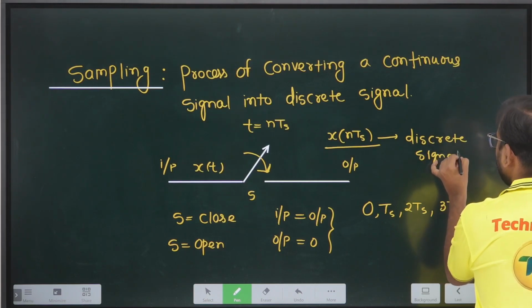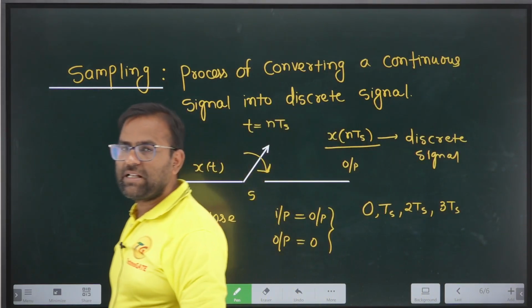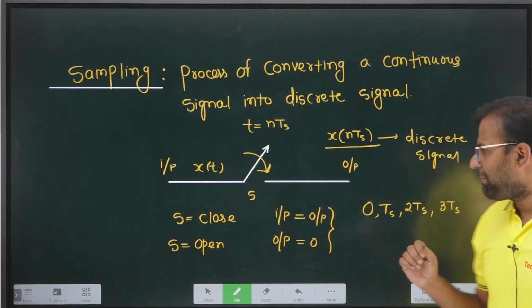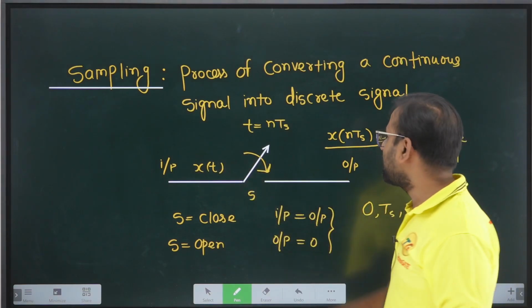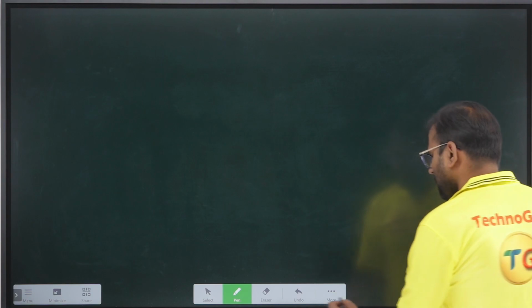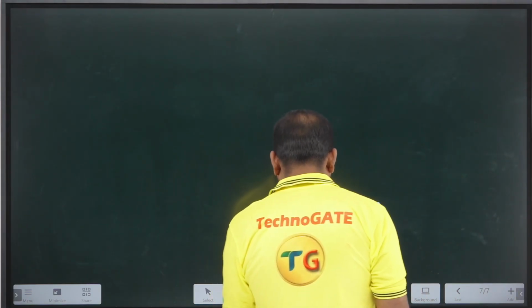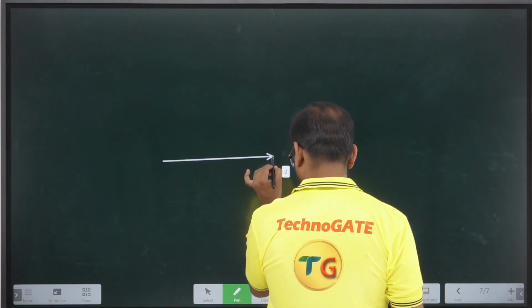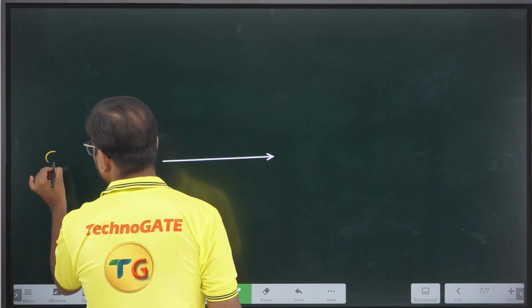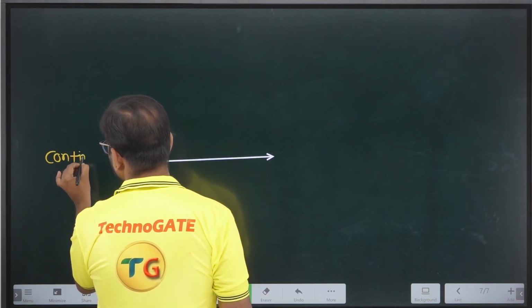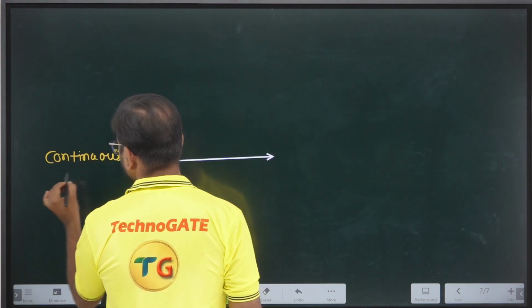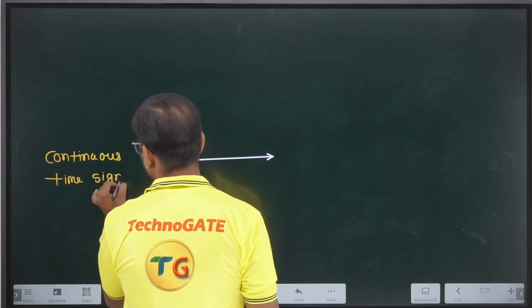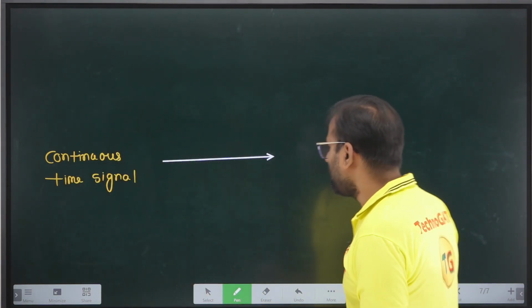So what do we understand by sampling? Sampling is a process of converting a continuous time signal into a discrete time signal.